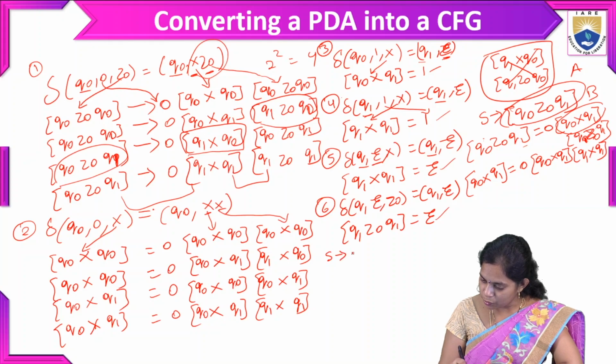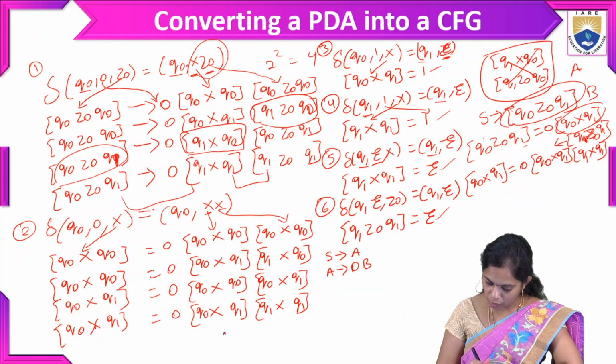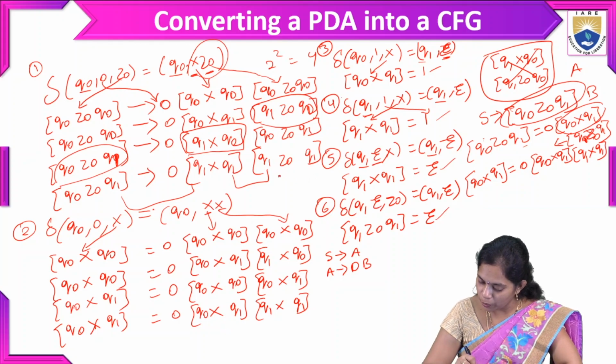And one more thing, let me write the entire thing. S tends to A, and A tends to 0 B, and this one is represented as Q1 Z0 Q1.